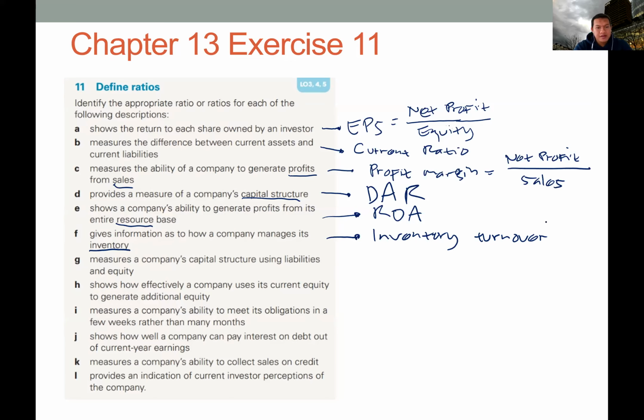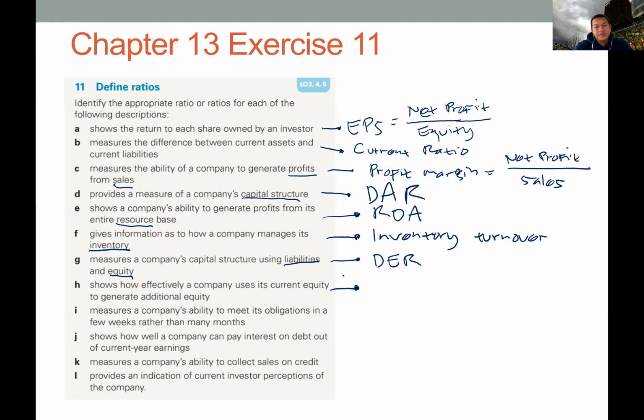Okay, and next measures the company's capital structure using liabilities and equity. So basically, we should compare these two, liabilities and equities. So this should be debt to equity ratio, right? Okay. Next shows how effectively a company uses its current equity to generate more equity.